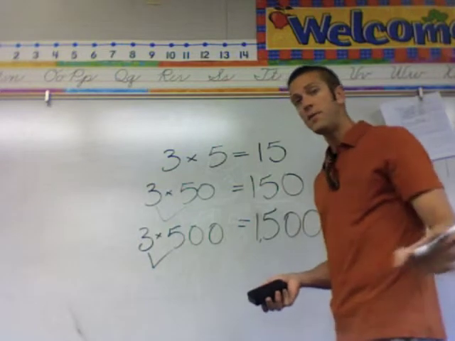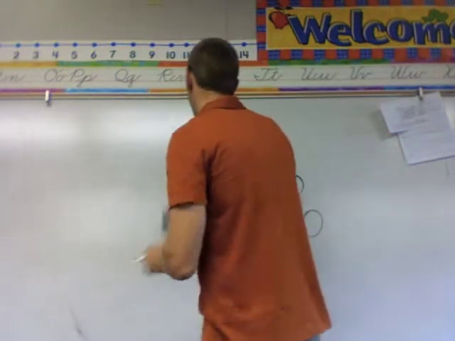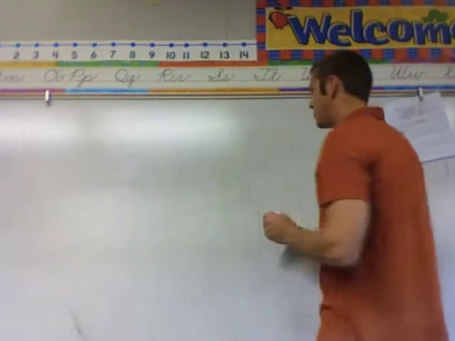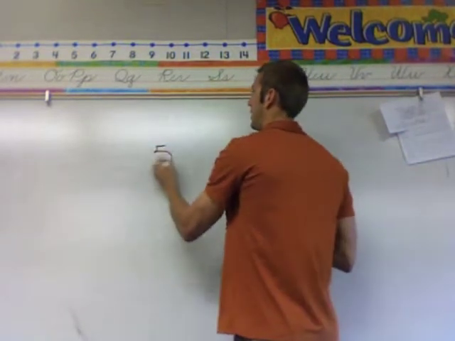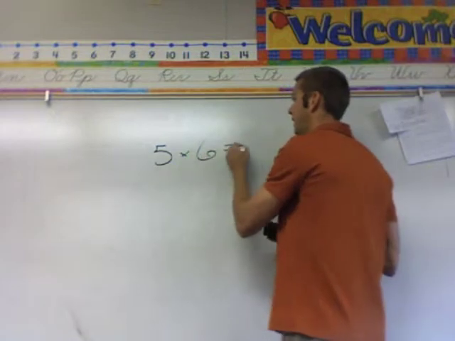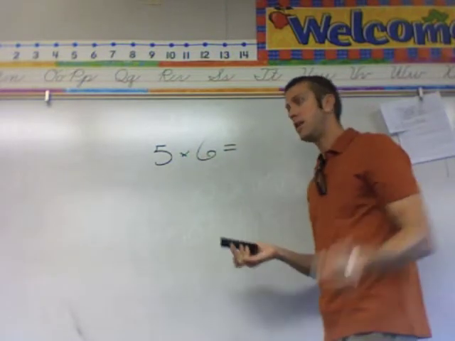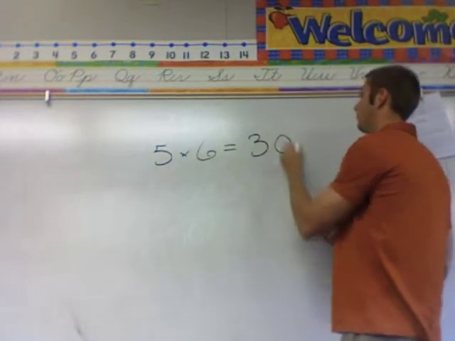Now there's one thing that's tricky that you've got to watch out for. Sometimes you multiply numbers and they have a 0 in the answer. What I mean is, like 5 times 6. 5 times 6 is 30. Okay?